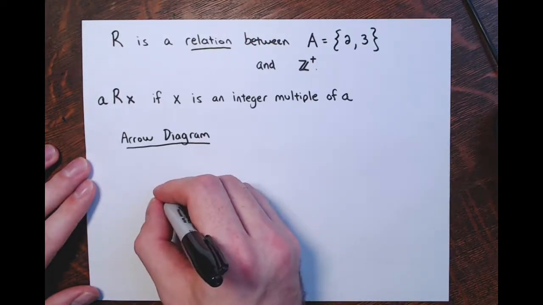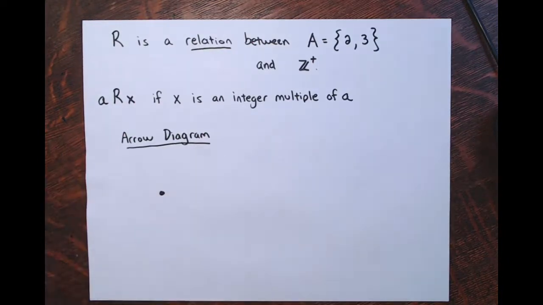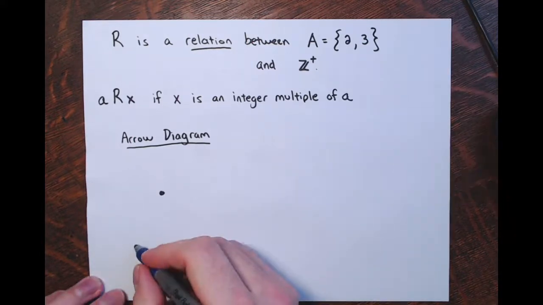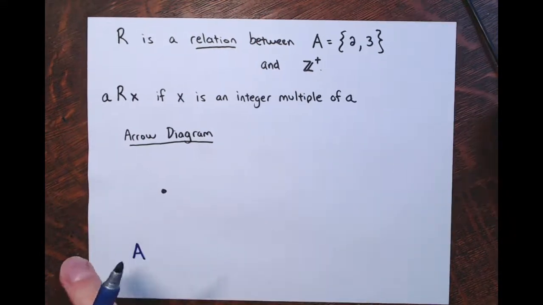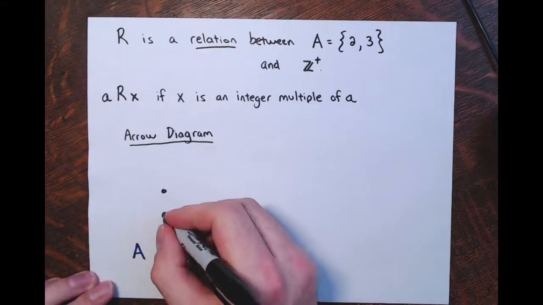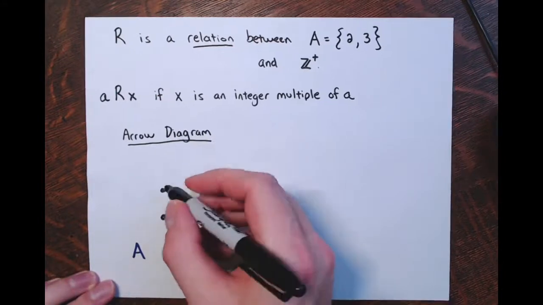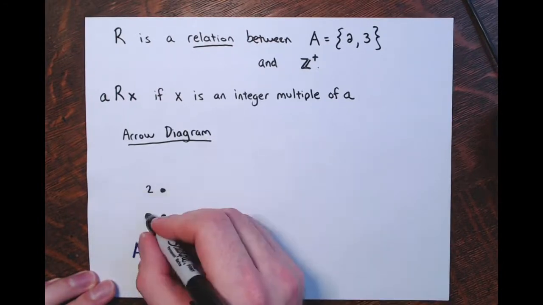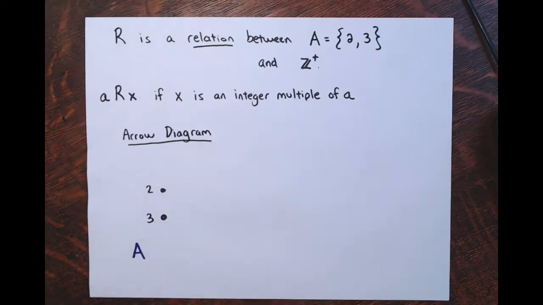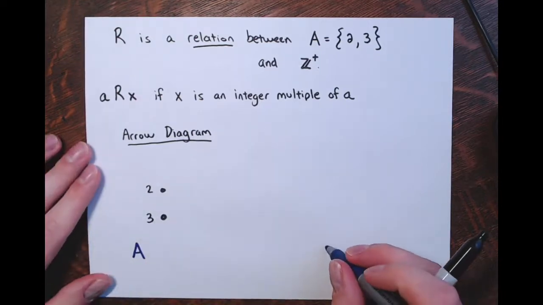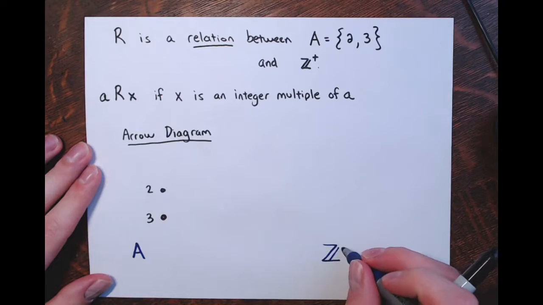Over here I have the elements of set A, kind of like the domain of a function, but again, this is not a function. So you've got the element 2 and the element 3. And then over on this side, I've got the elements of the positive integers.